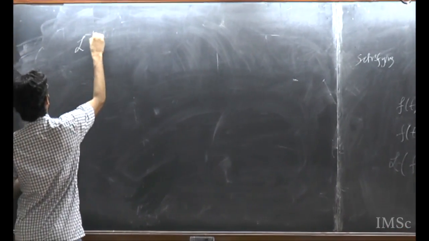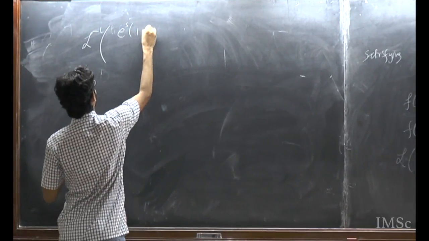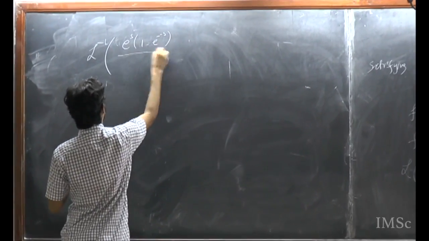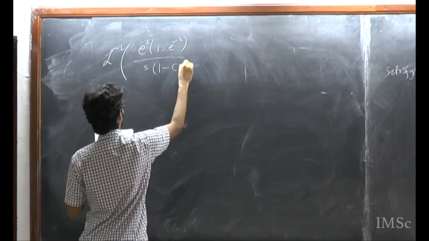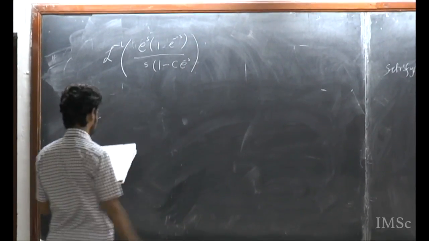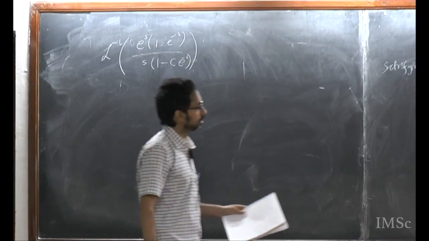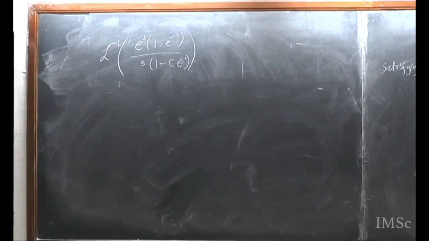So one has to take the inverse Laplace transform of e to the s (1 minus e to the minus s) by s, times 1 over (1 minus c e to the minus s). Both these terms are of this type.